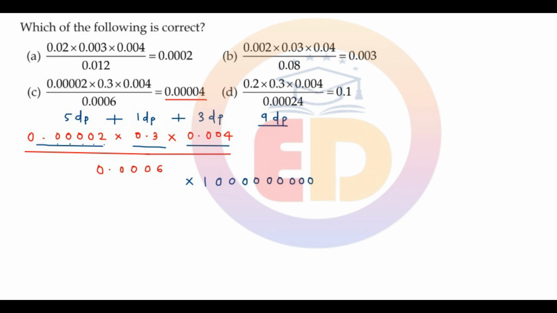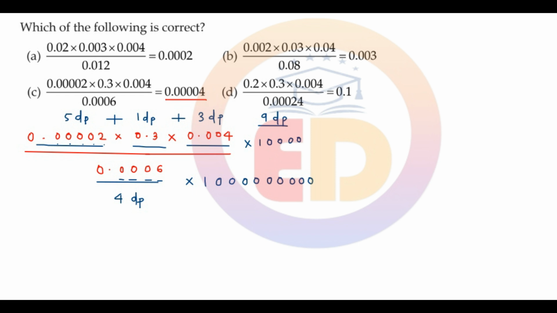Now let's go to the denominator. It has 1, 2, 3, 4 decimal places. And if you want to remove the decimal point of the denominator, we multiply the numerator by 1 followed by 4 zeros for 4 decimal places.